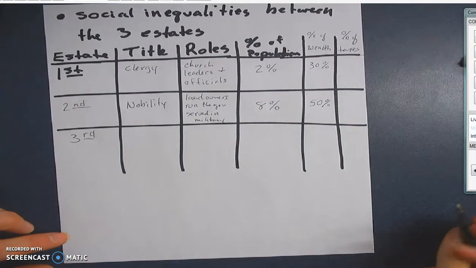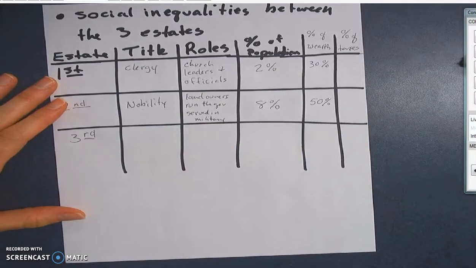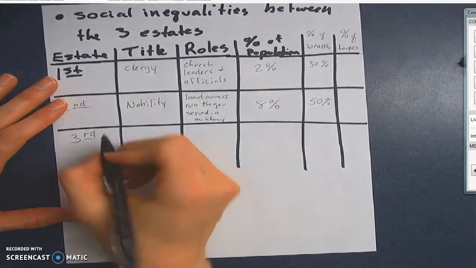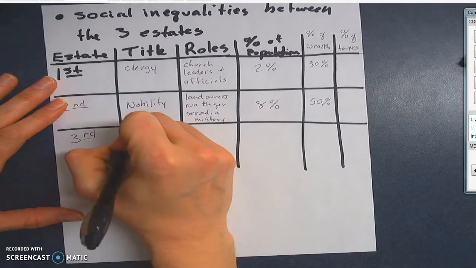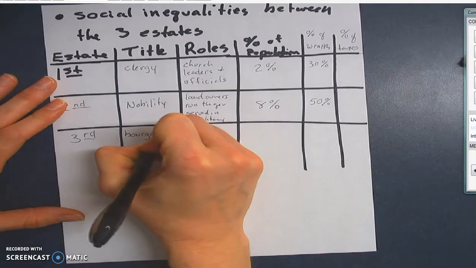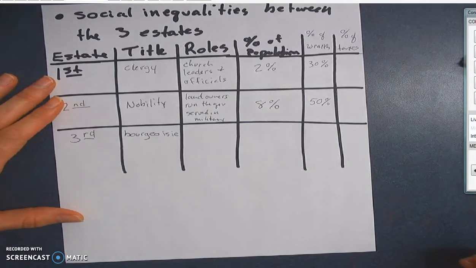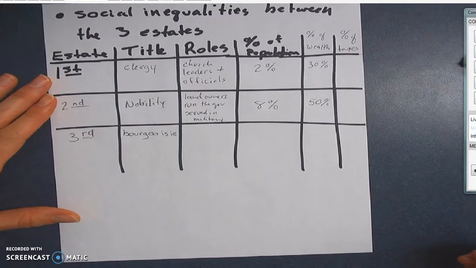Now, the third estate is made up of sort of three subclasses. The first class is one of my favorite words to say. The bourgeoisie. Say it with me. Bourgeoisie. Yep, bourgeoisie.